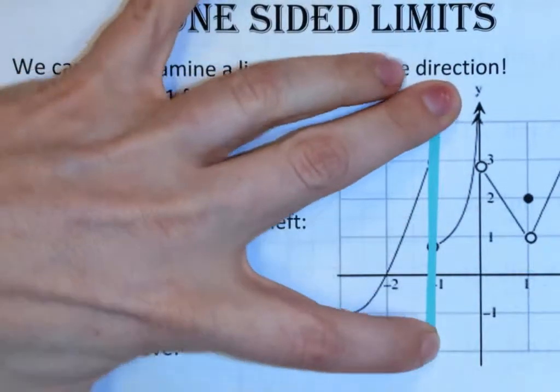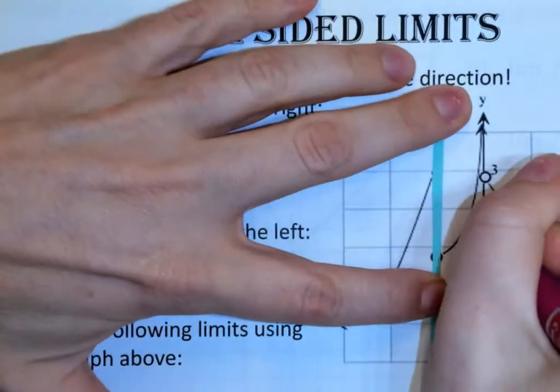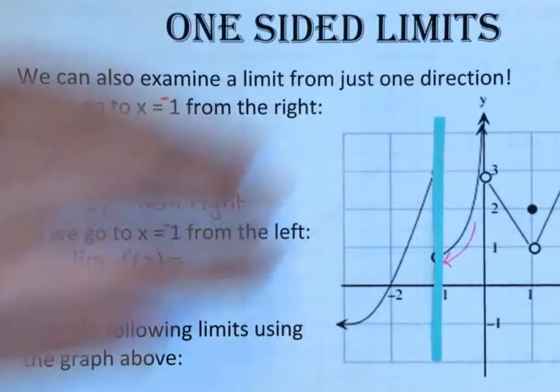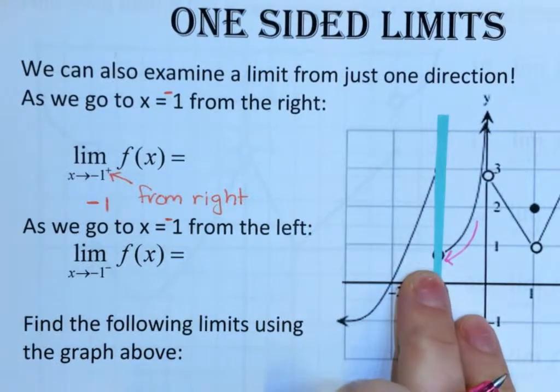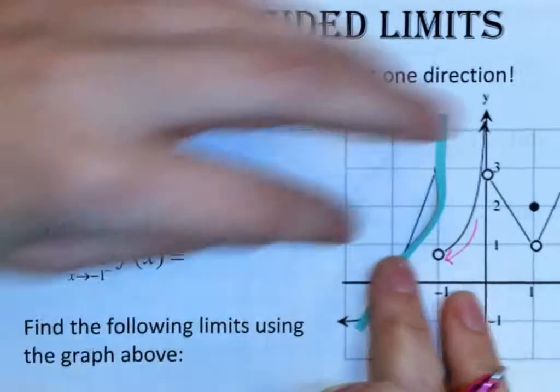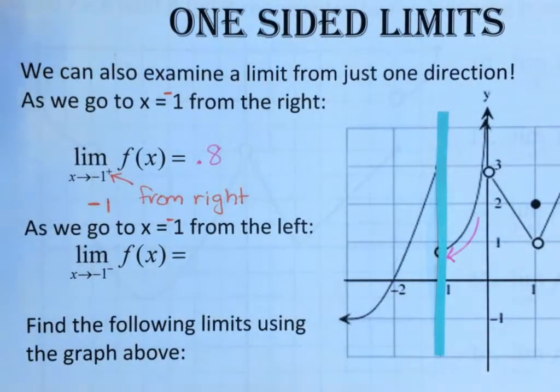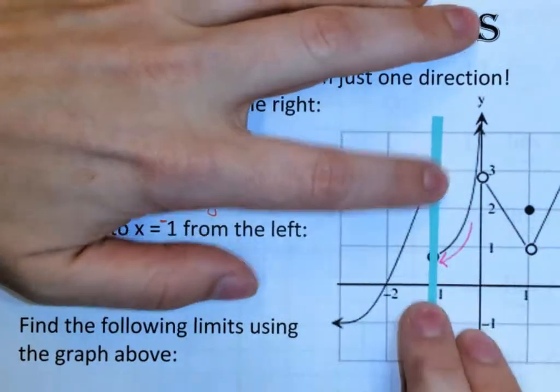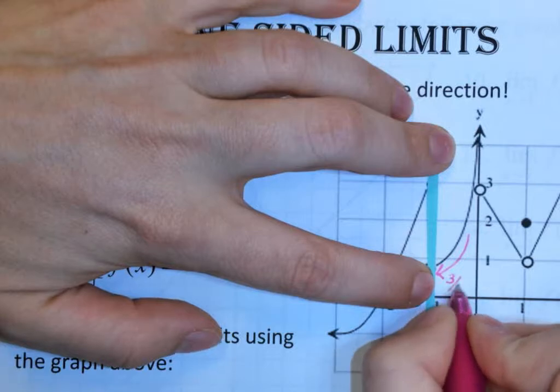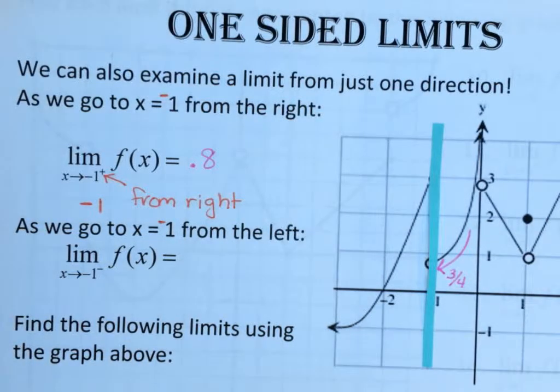And as I come at it from the right-hand side, what does it look like it's going to? Just guesstimate. That's not 1. It's like, okay, I'm going to say 0.8 because I'm lazy. You can say 3/4 if you want, show off.